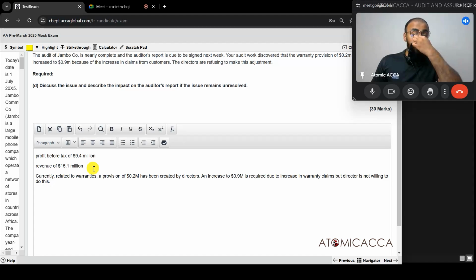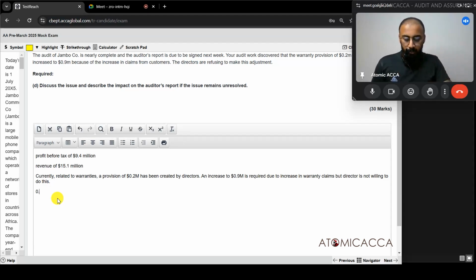Let's calculate the materiality that's involved over here. How to calculate the materiality? It's going to be either 0.5% of revenue, 1% of assets, or 5% of profit. So what all numbers we have here? Revenue is here. So how much is the gap? 0.2 million to 0.9 million means there's a difference of 0.7 million over here, which they are not willing to make.